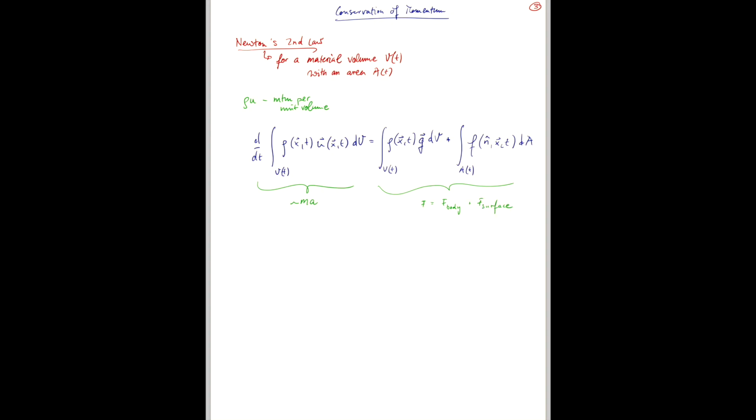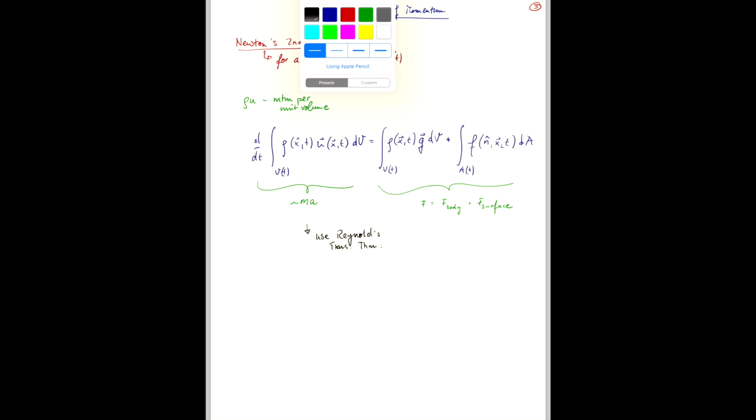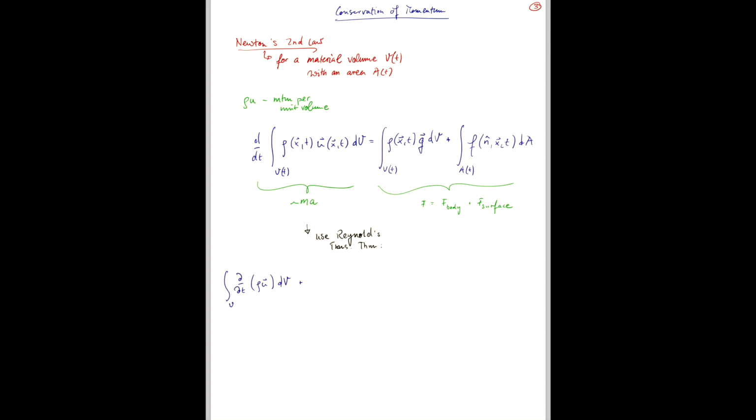So now on the left-hand side here we can use Reynolds' transport theorem and turn that time derivative into an integral form, which will look as follows. So now we integrate over the volume, d by dt of rho u dV, plus the integral over the area of rho u times u dot n dA.